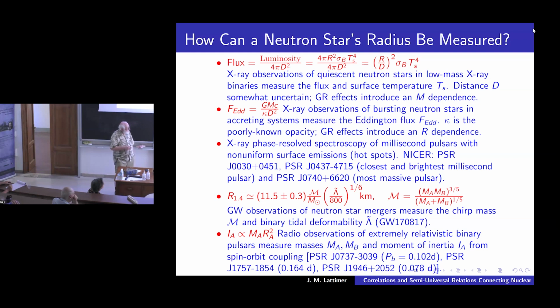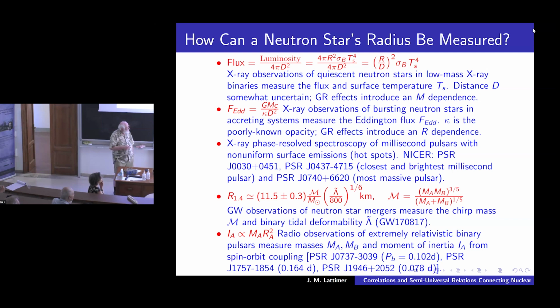Another kind of X-ray observation can be made for systems that contain a neutron star that is occasionally bursting. And if the thermonuclear explosion on the neutron star surface is large enough, it actually exceeds the so-called Eddington limit, which is the flux at which the opacity is large enough that the surface layer will be raised above the surface of the star and then will fall back. And in Newtonian gravity, the Eddington flux is simply the mass divided by the distance squared.